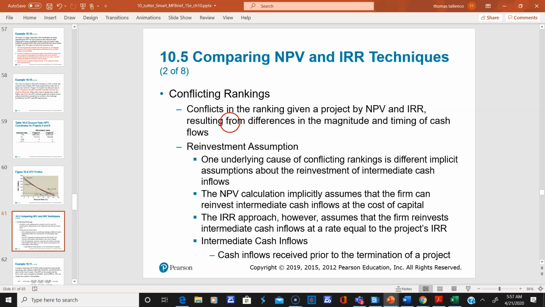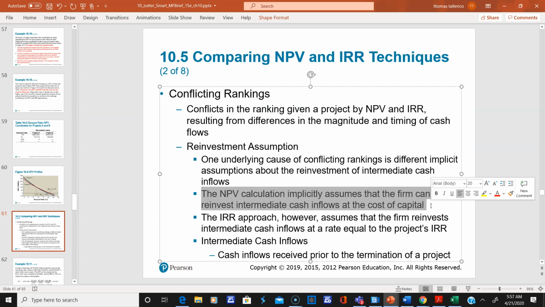So we get these things called conflicting rankings. Conflicts in the rankings given a project's net present value and internal rate of return result from differences in the magnitude and the timing of the cash flows. So you can see that. So that's what goes on here. The net present value implicitly assumes that the firm can reinvest intermediate cash flows at the cost of capital.